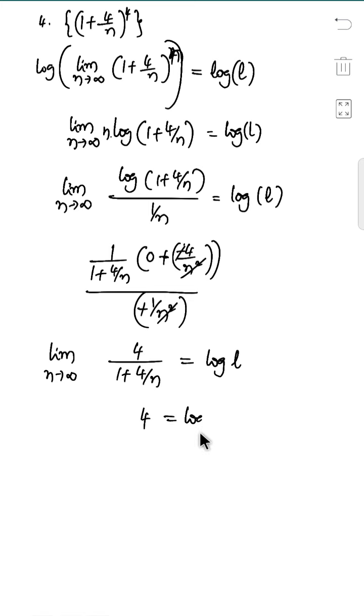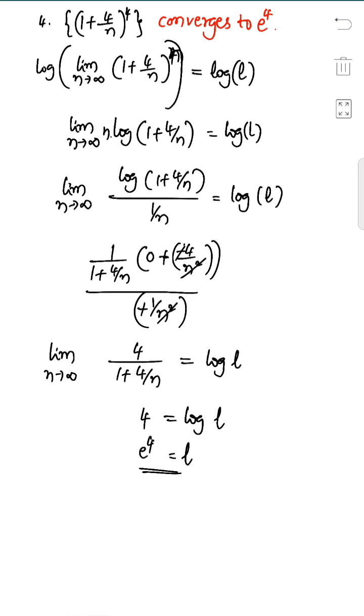So log L equals 4, so L is equal to e to the power of 4. The given sequence converges to e to the power of 4.